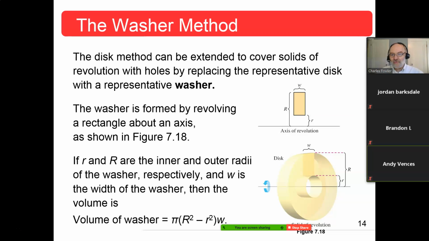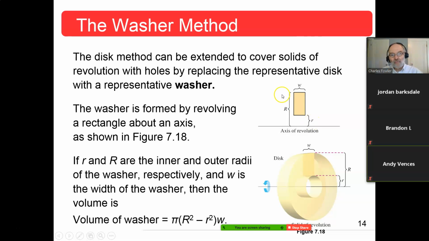The washer is formed by revolving a rectangle around an axis. Here we have this rectangle. The length of this rectangle is the upper dimension minus the lower dimension, capital R minus little r.